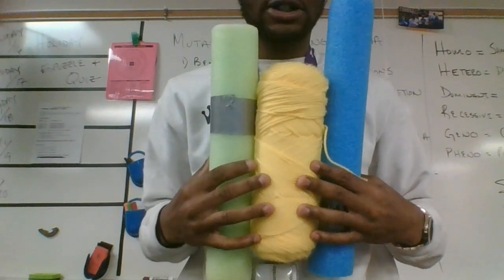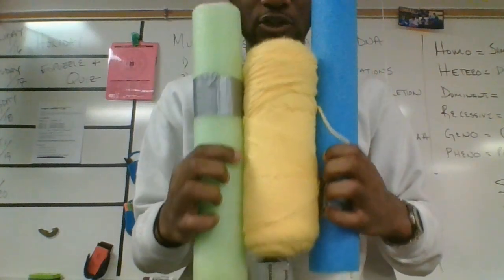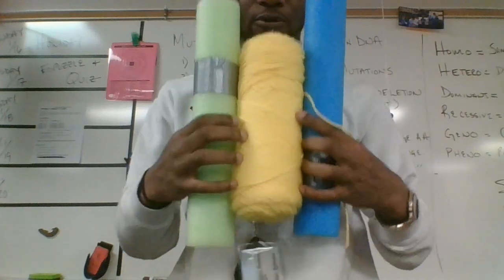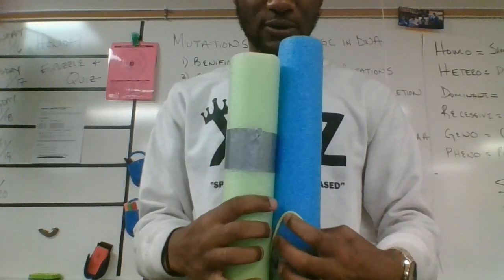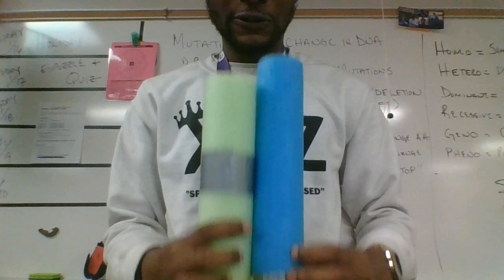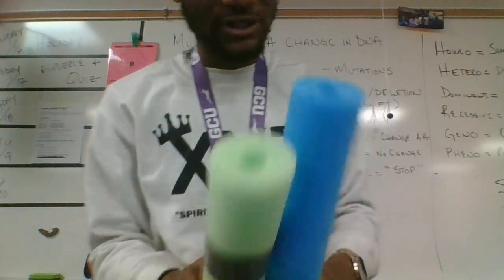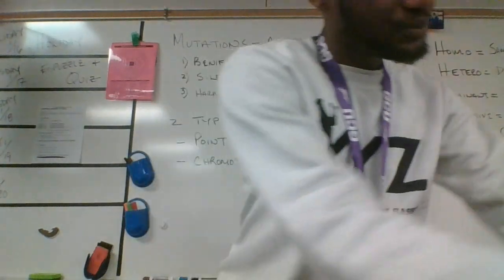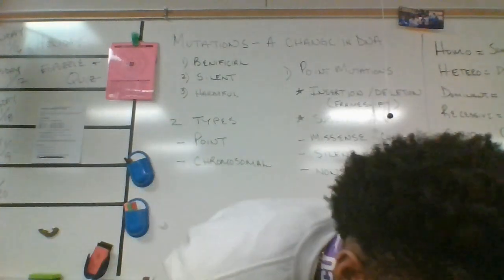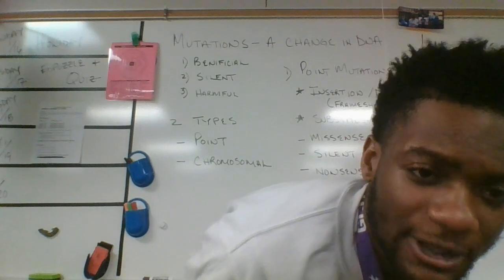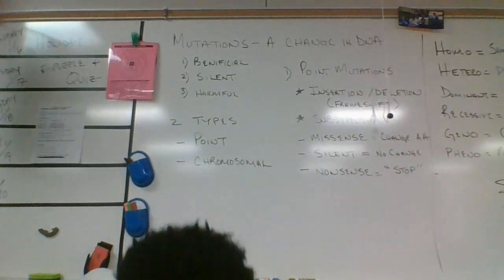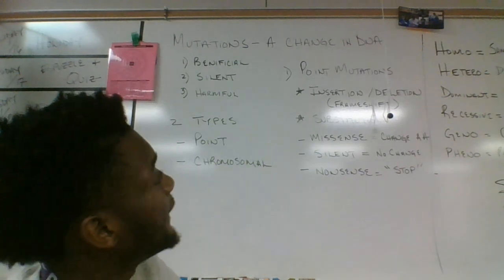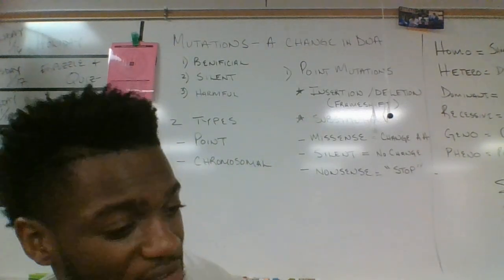That would be a frame shift because we moved the structure of our frame. Now, if we went from this to that, that would be called deletion, which is still a frame shift because we went from 3 to 2. So, yeah, guys, just remember substitution is going to be a point mutation, and insertion and deletion are both two different types of frame shift mutations.